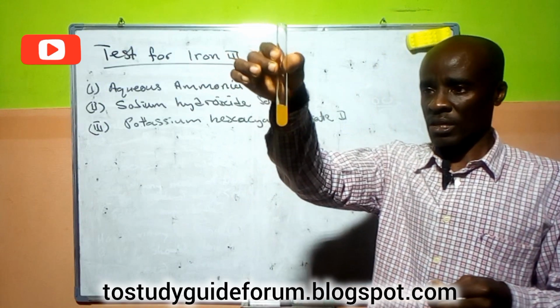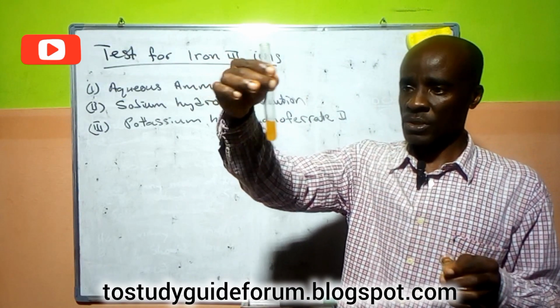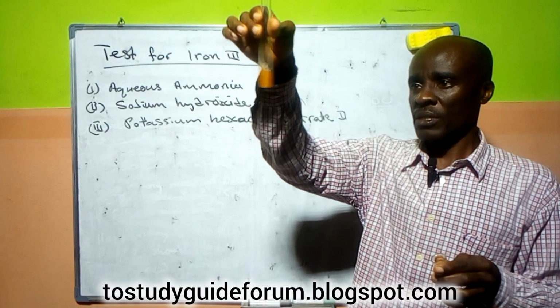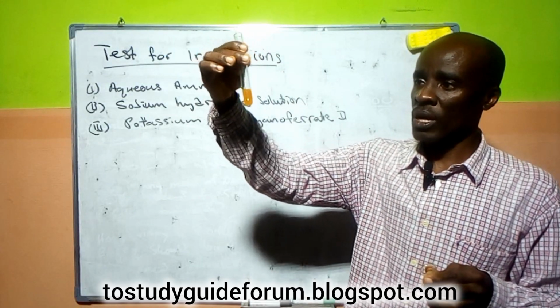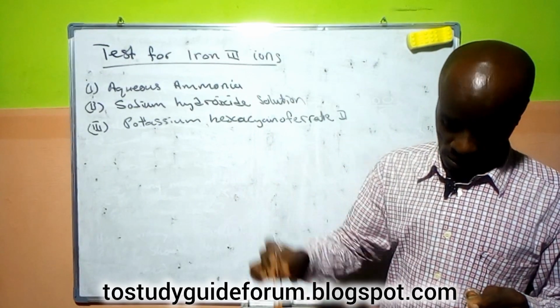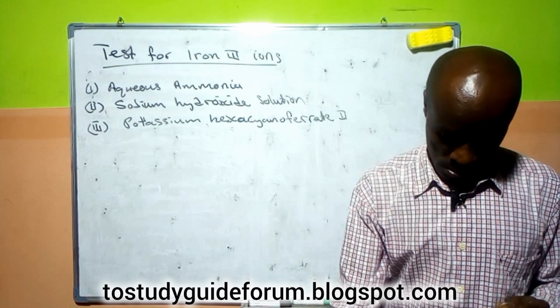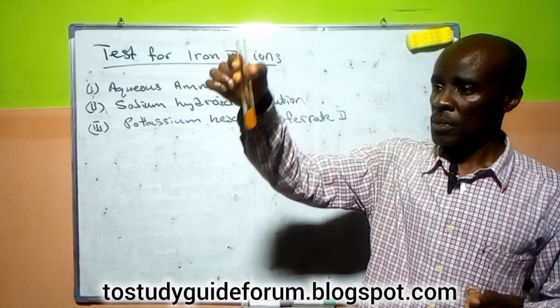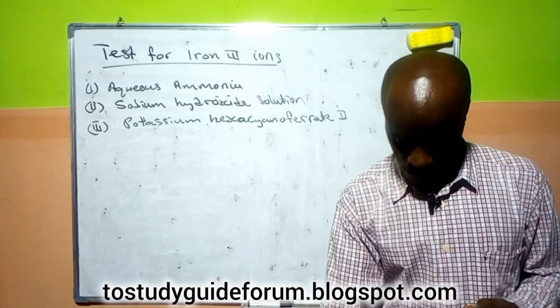See the brownish precipitate that is formed in drops. The brownish precipitate is formed already. Let's see what we have in excess.